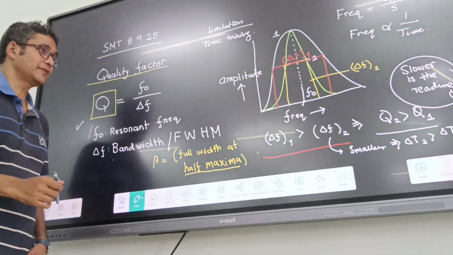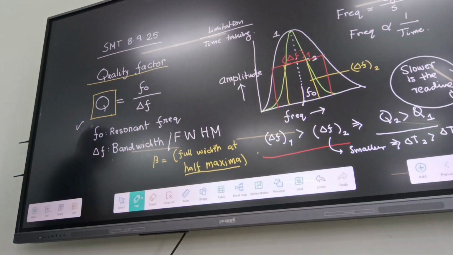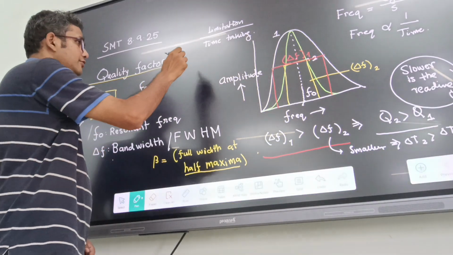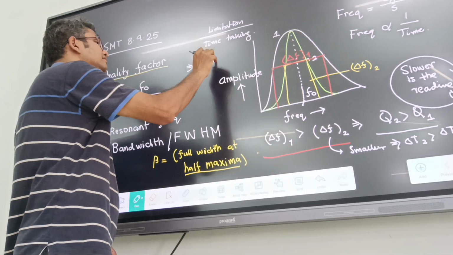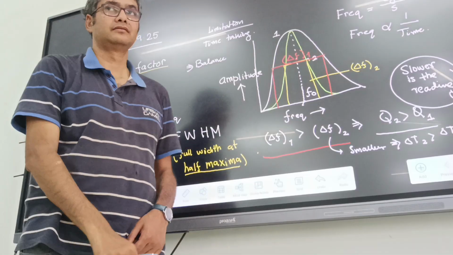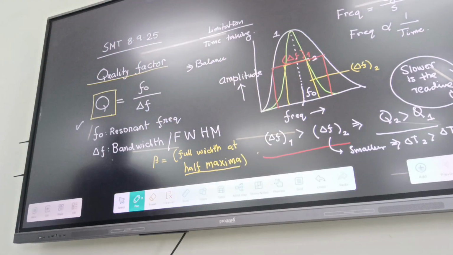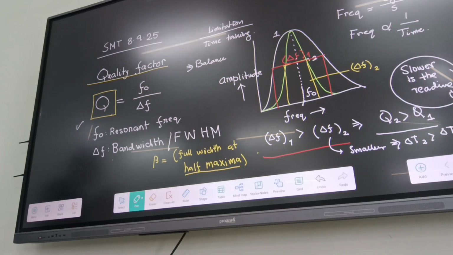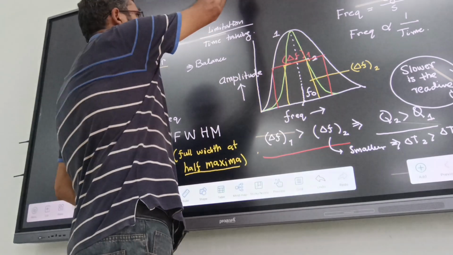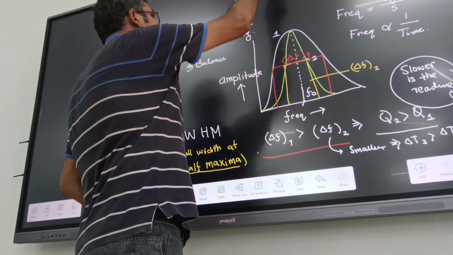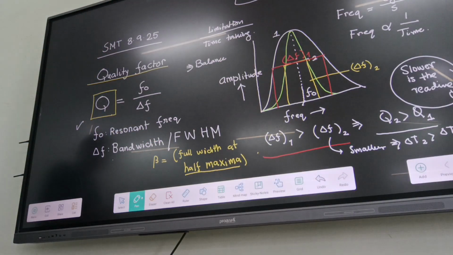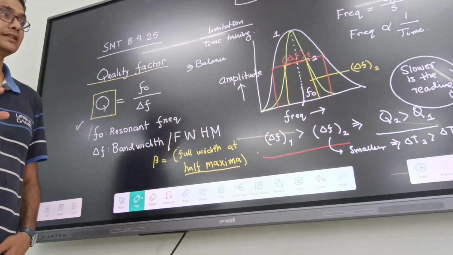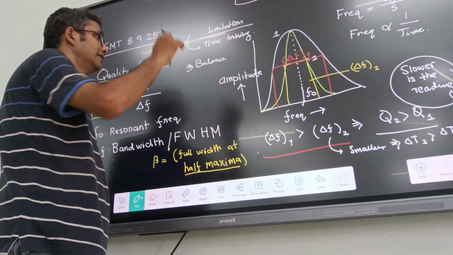So that is why we need to have a balance. The balance has to be set. The sensor system has to be set in such a way that although we are aiming for a higher sensitivity by a higher Q factor, we shouldn't make it so high that it takes a much longer time.